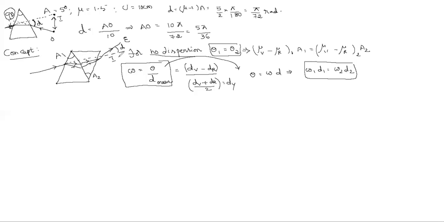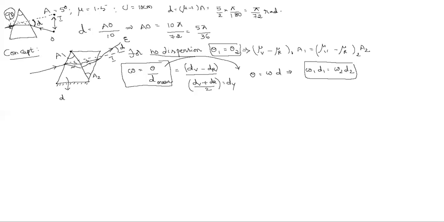Incident and emergent. Deviation in the first prism is d1. Do the rays bend towards the base or towards the apex? Towards the base.